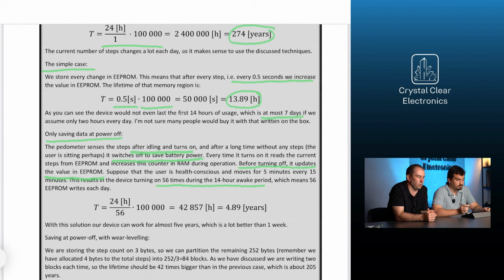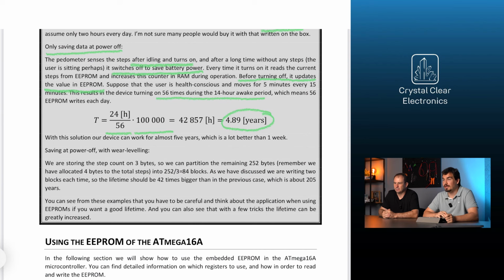So the total lifetime is 24 hours divided by 56 and multiplied by 100,000 write cycles is 4.89 years, so roughly about 5 years. With this solution, our device can work for almost 5 years, which is a lot better than 1 week.